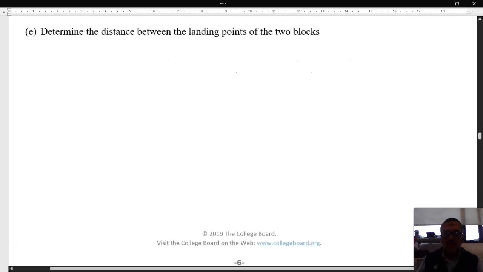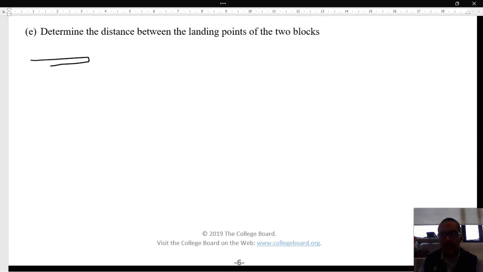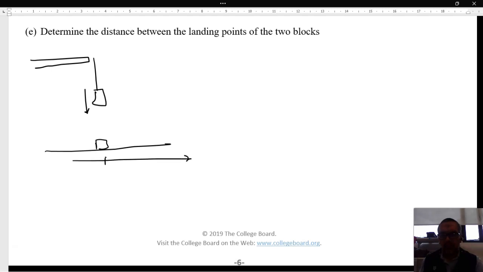Finally, they ask you to determine the distance between the landing points of the two blocks. Now, consider the fact that block B is falling directly downward. So when it hits the floor, it lands at exactly the same x position that it had at the beginning, which you can call 0.